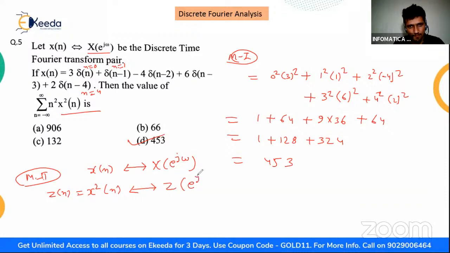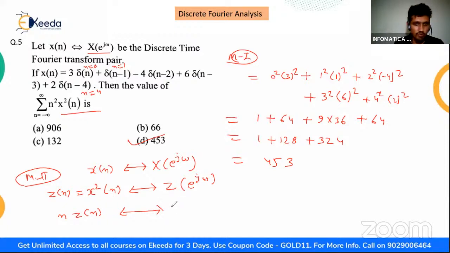Then again we will find n zn, which is basically differentiation. If you know the differentiation property, then this is differentiation in the frequency domain.